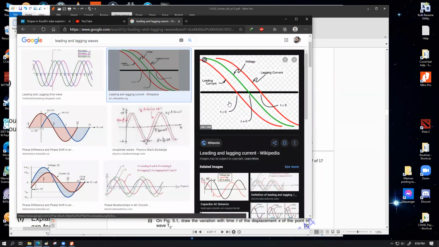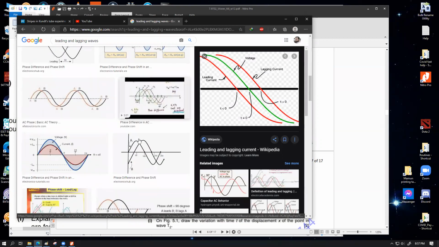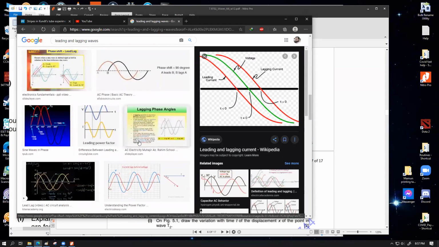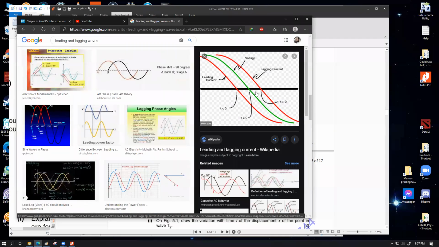This is shown for voltage, but it is equally applicable for waves as well. For example, I think this is for an AC circuit, because in AC circuits this information is more prominently used compared to waves. So one of the things that I would like you to take from this information, then I'll tell you what is happening.